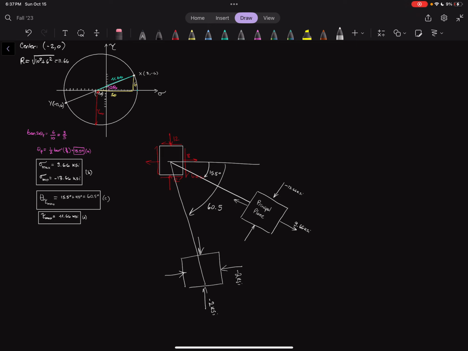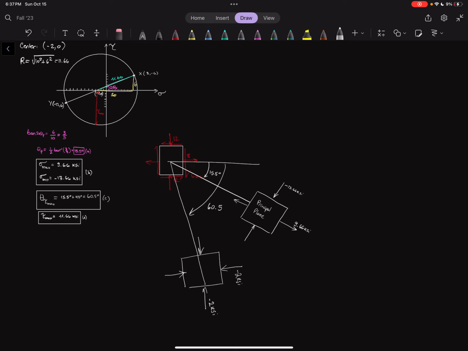And from the figure, if you're inside Mohr's circle, you'd have to rotate by 90 degrees from 2 theta, which is 31.